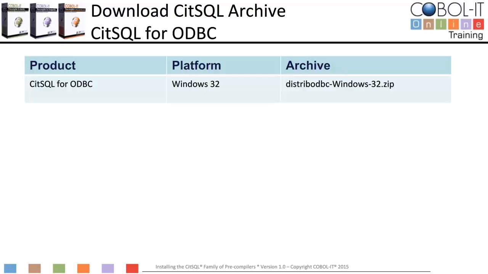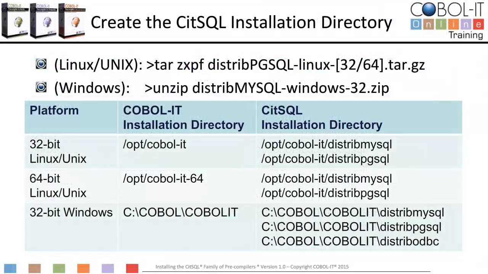Now let's look at how to create the CitSQL installation directory. Creating the CitSQL installation directory. First, copy the CitSQL archive into the COBOL-IT installation directory. In a 32-bit Linux or Unix environment, the default COBOL-IT installation directory is /opt/COBOL-IT.